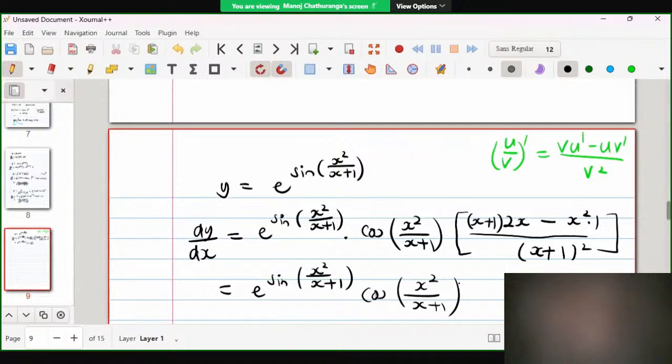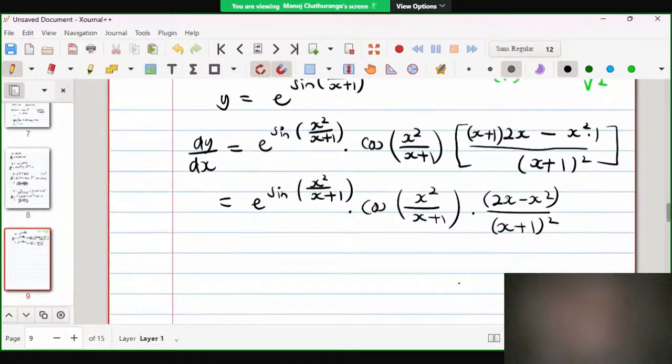If you simplify this, that will be 2x minus x squared divided by x plus 1 squared. That's it.